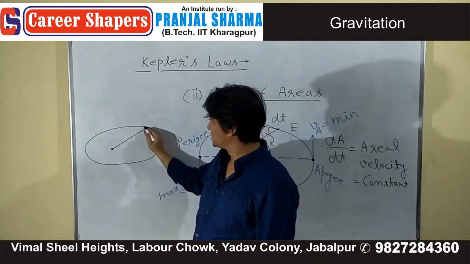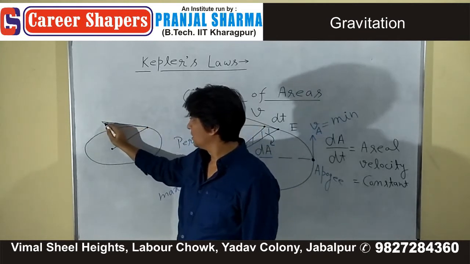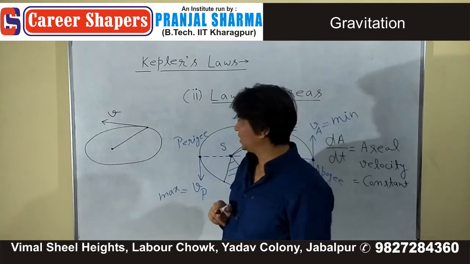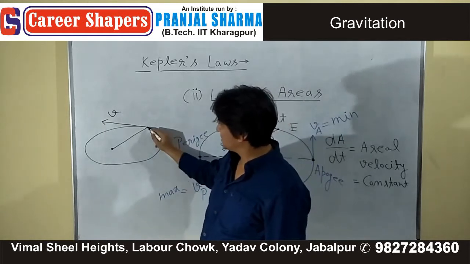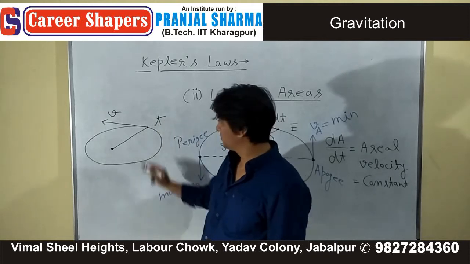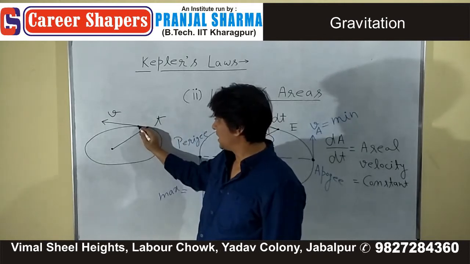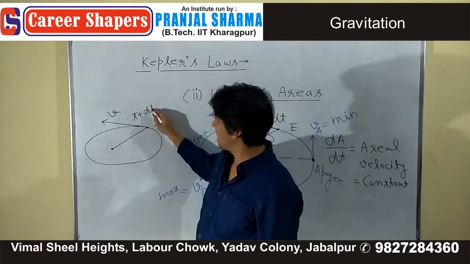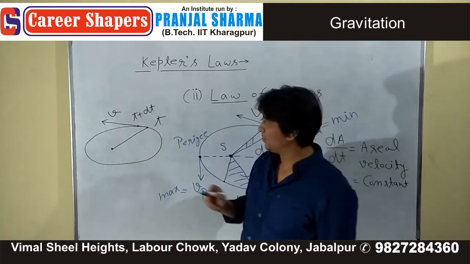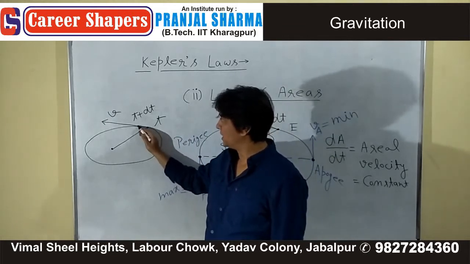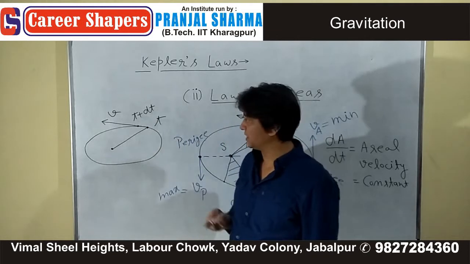It's moving in this direction. Its velocity is what? V. Let's say it was present at this position at time t, and it arrives at this position at t plus dt. That means it moves from this point to this point in time dt.